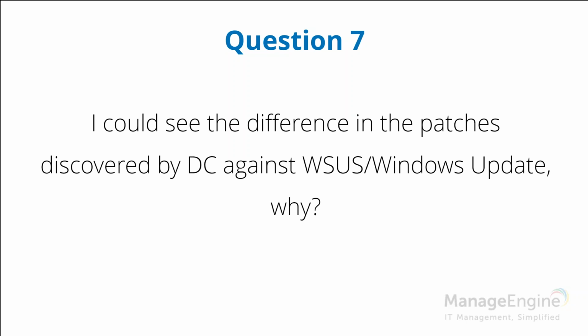So Desktop Central will definitely show more patches as missing compared to local Windows Updates. The second point might be driver updates or firmware updates, which are supported by Windows Updates but not by Desktop Central. As of now, we don't support any driver updates or hardware firmware updates, so there might be a difference for that too. These are the two most common reasons.